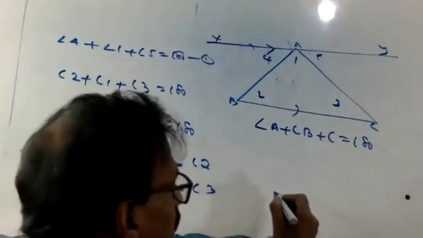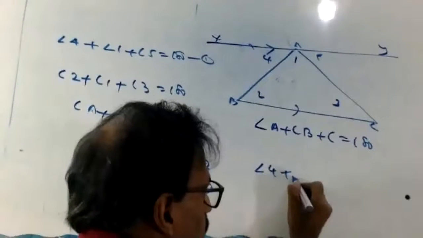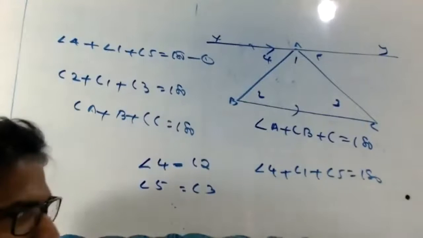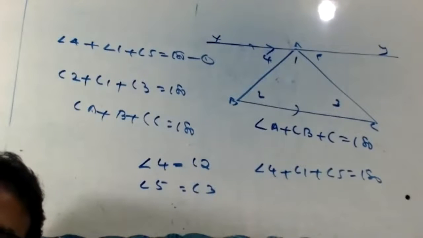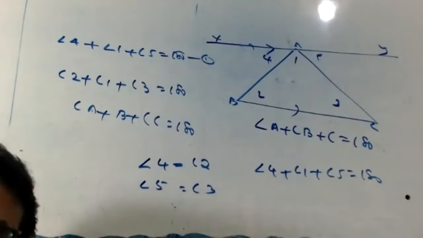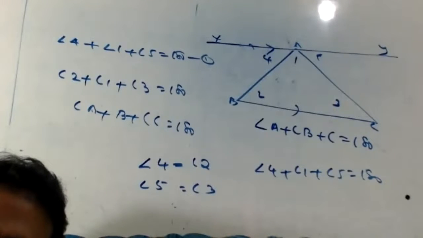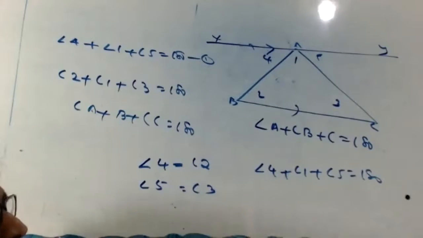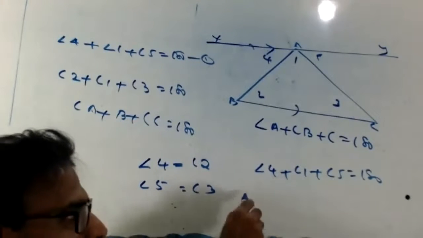Now we already have angle 4 plus angle 1 plus angle 5 equal to 180, our 1. It's a straight line. Instead of 4, I'm writing 2.